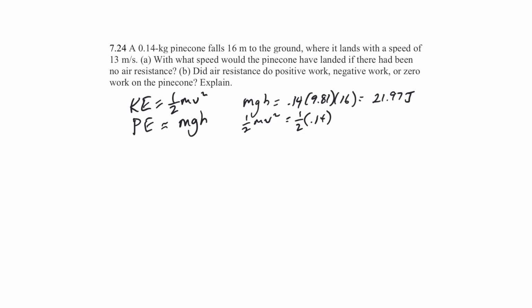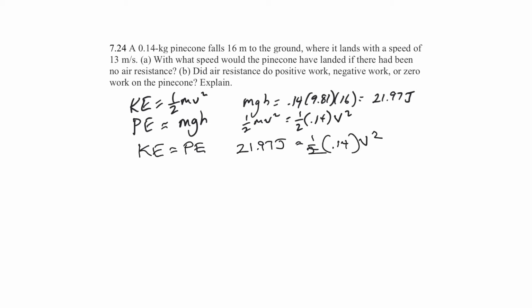So if there's no slowing, then really all I want to do is solve for velocity. So if I know that 1/2 times mv squared equals the same amount as before, we're going to say that kinetic energy and potential energy are equal to each other. Here's my potential energy, 21.97 joules, and it's going to equal 1/2 times 0.14 times the square of velocity.